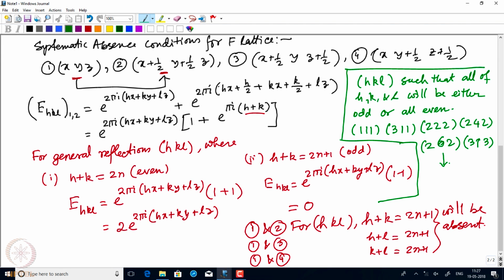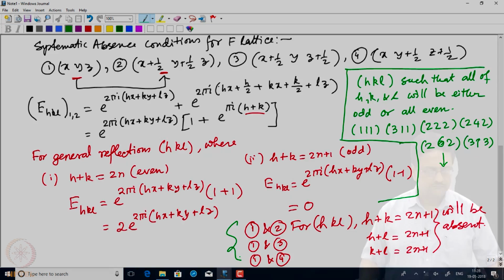Only in those cases, if you do any summation of H plus K or H plus L or K plus L, in all those cases the sum will be an even number. If one of those is even and the other two are odd, immediately it means that for that particular reflection the conditions for face-centered lattice are not satisfied, then it is not a face-centered lattice.